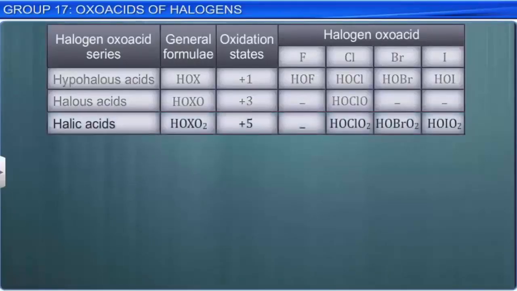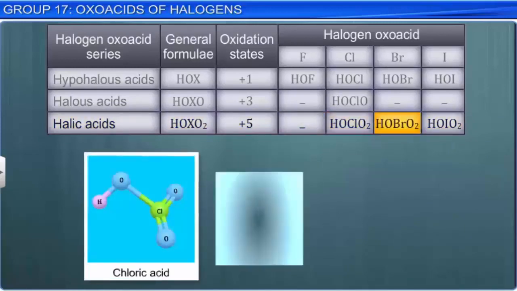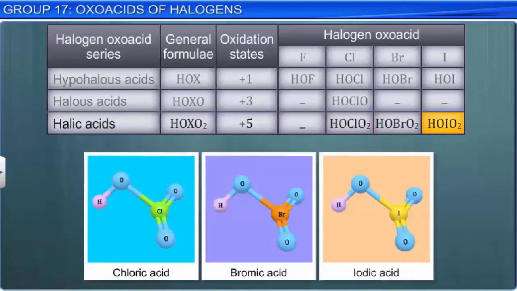The third series, that is, halic acids, includes chloric acid, bromic acid, and iodic acid.